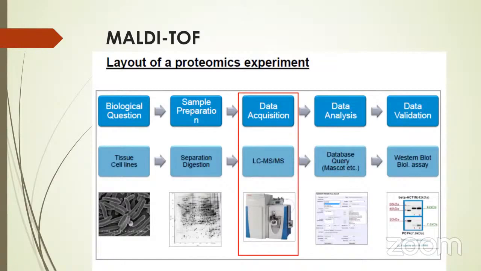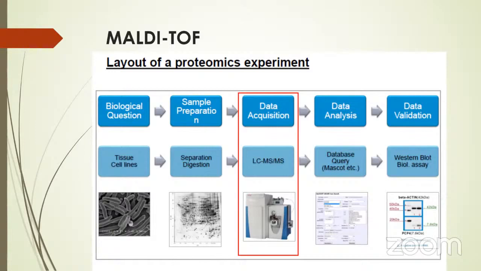So what we generally do is a tissue separation. We have to isolate the raw protein, then we will lyse it and separate it.